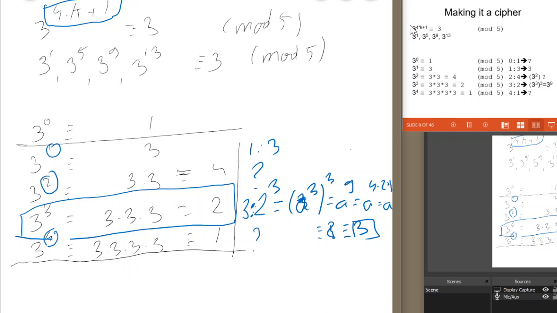So we would be able to retrieve a message back if the exponent was not 2 and not 4, in this case not containing factors of p minus 1.